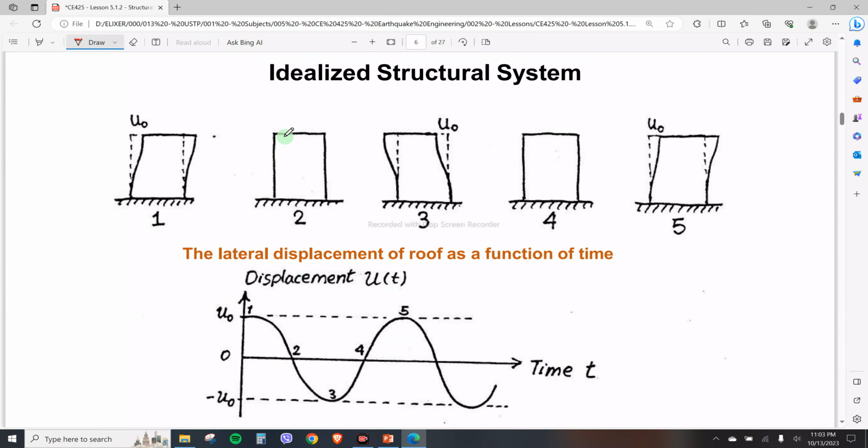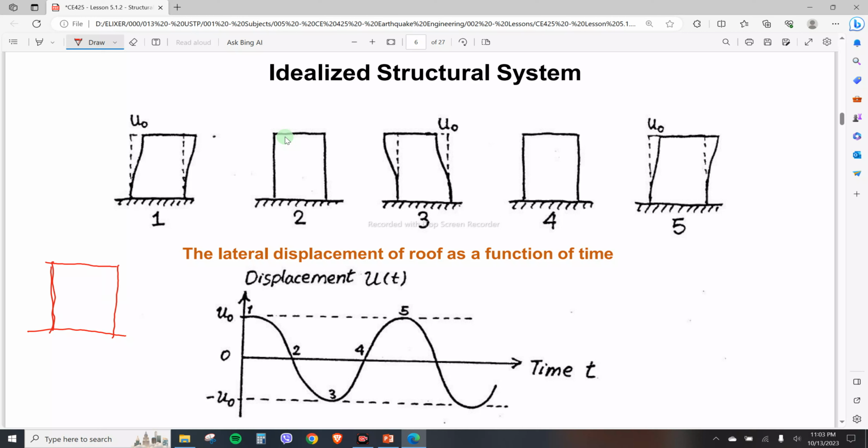So here is an idealized structural system. If you remember, we just draw it like this. And then we try to experiment. Now we try to move the idealized structural system.